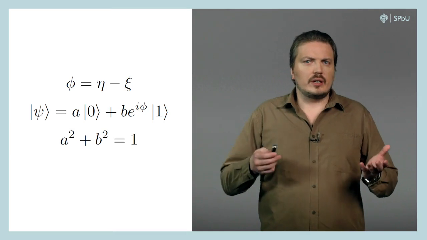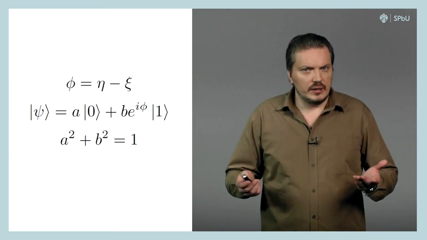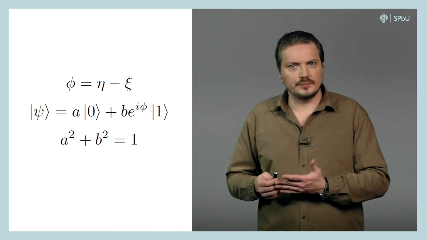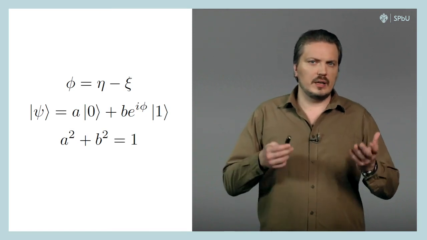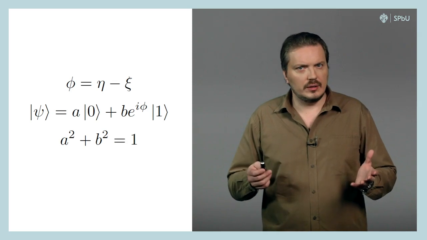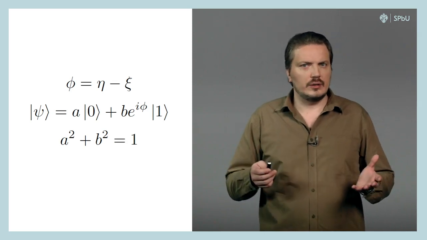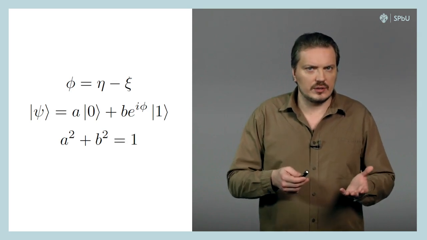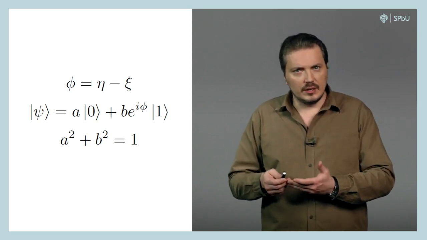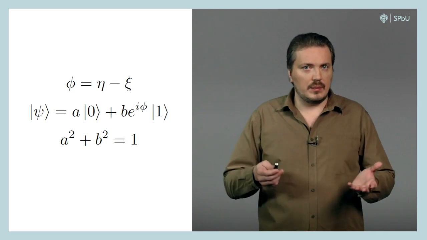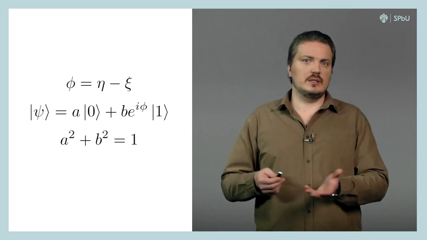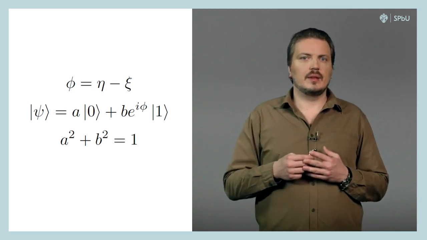Now, with the introduction of this relative phase shift phi, we have the following expression for the state psi. Both the numbers a and b are real, and they are the moduli of the original decomposition coefficients, alpha and beta. So we remember that the sum of their squares is 1, because the state psi is a normalized state.